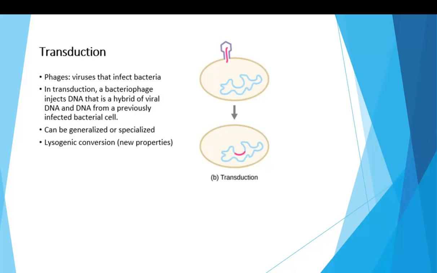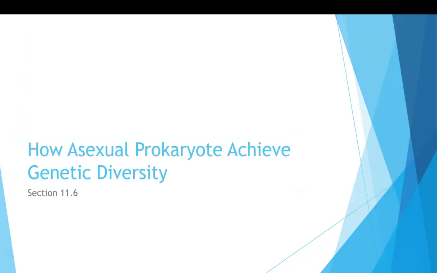But prokaryotic cells just have asexual reproduction, so they do binary fission and make exactly the same bacteria, with the same genetic material as the original one.